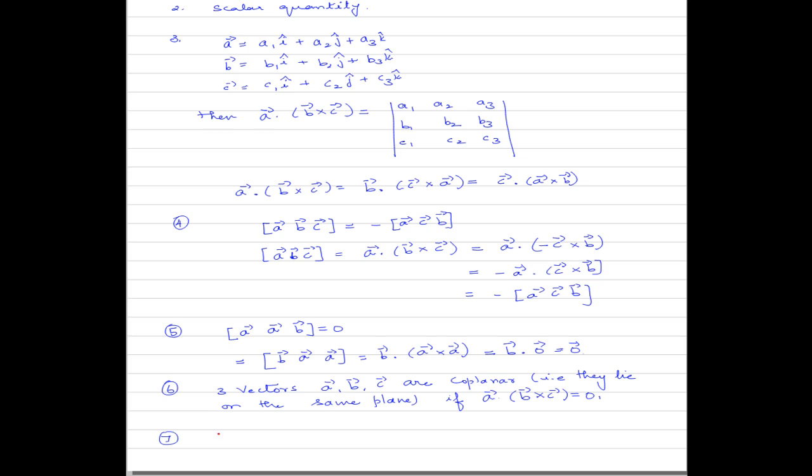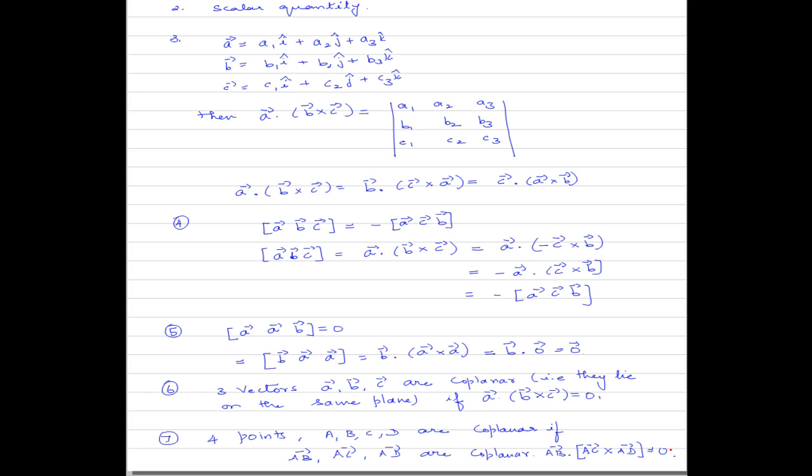And the last point: 4 points A, B, C, D are coplanar if AB vector, AC vector, AD vector are coplanar. That is, we have to prove that AB vector dot AC vector cross AD vector is equal to 0. If this is 0, then the three vectors are coplanar and the 4 points are also coplanar.